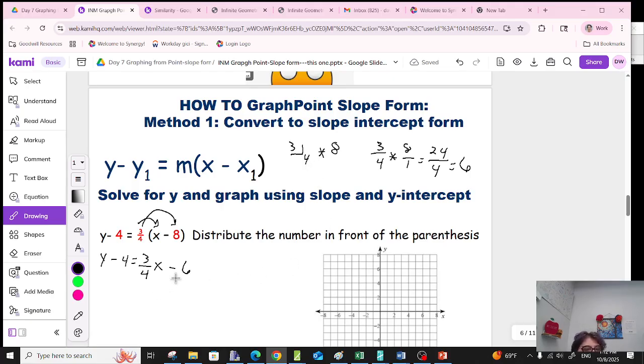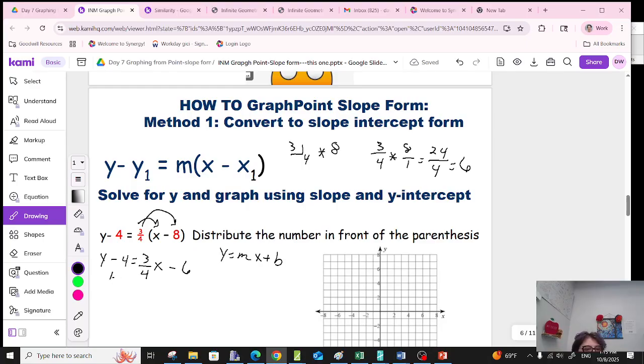Now, I'm not in slope intercept form quite yet, because see, I have a -4 hanging out over here, right? I want it to say y equals, because I want it to look like this. How do I get rid of this -4? Well, it has to be the opposite of -4.